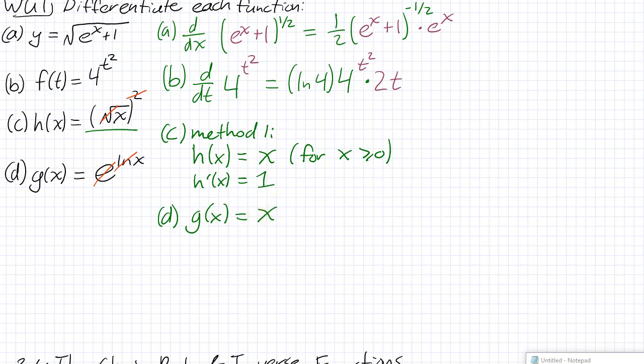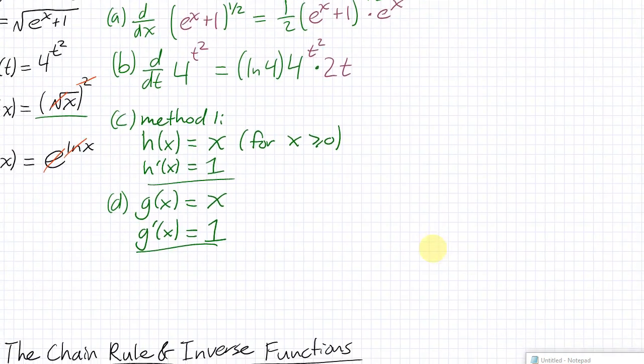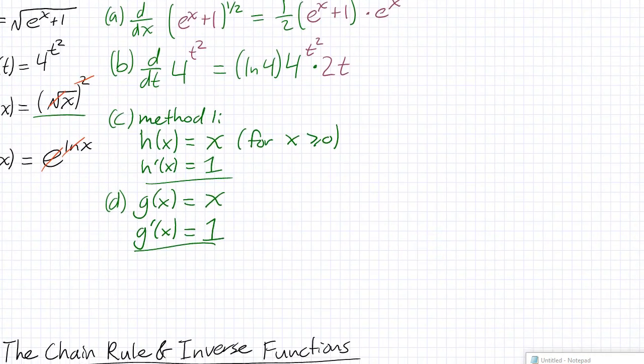So that means that if you take the derivative of that function, you just get 1. So that's the answer to these questions. That's method 1. But what most of the section is going to be about is the second way we're going to do it, using the chain rule.